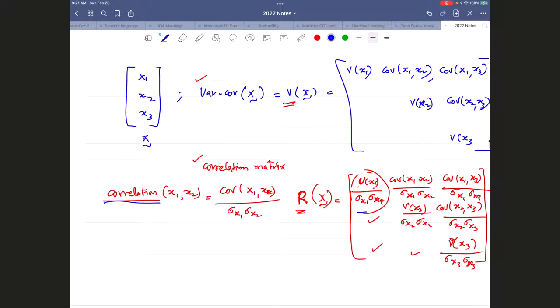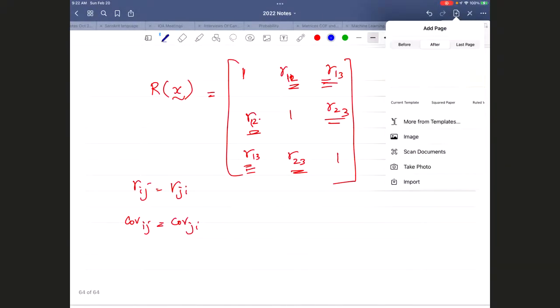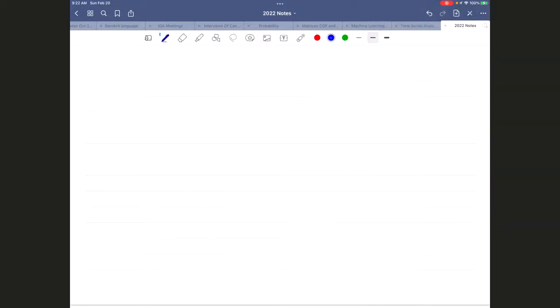Let me write that again. One moment. One more time I'm going to do that. It's very important to understand and retain this information. Like the variance-covariance matrix, I can talk to you about the correlation matrix, right?